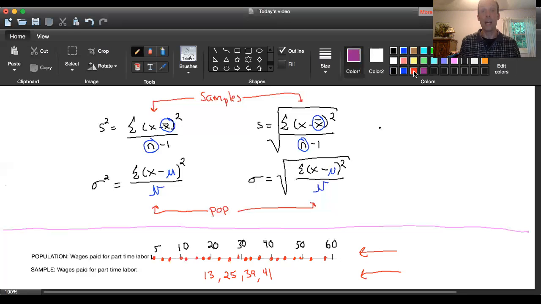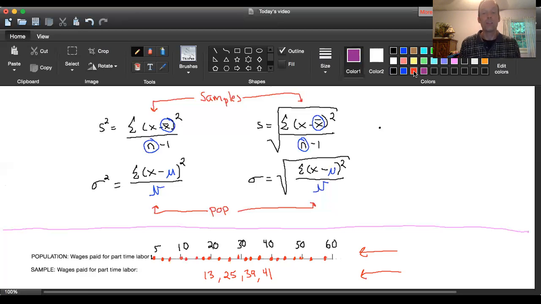And that's really bad because we're trying to use statistics as a proxy to estimate what's going on in the population. If our estimate from the sample is totally going to lowball things, then that's not good. We need to do something to recorrect what's happening so that the sample standard deviation comes out a little bit closer to the true standard deviation from the population.